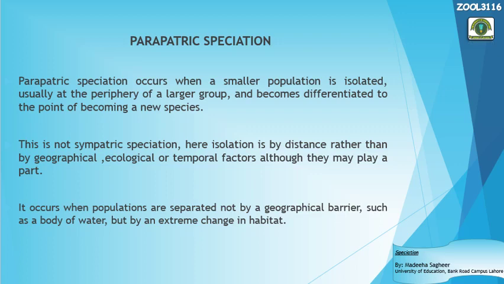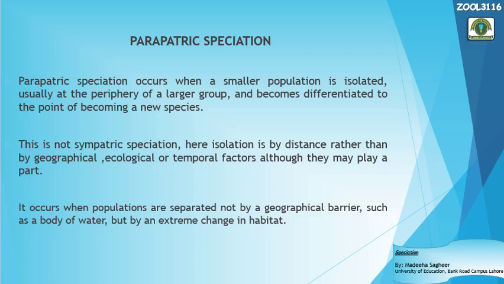Let's read it now. Parapatric speciation occurs when a smaller population is isolated, usually at the periphery of the larger group. Right? So as I have told you, a small group of individuals gets separated or isolated at the periphery of the larger group.